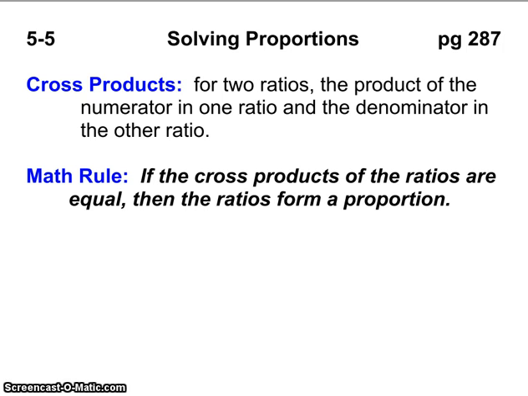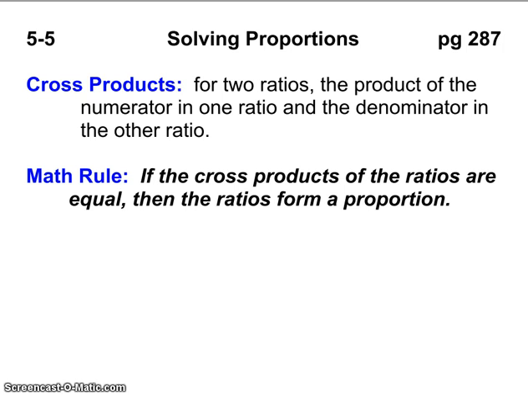So just to clarify and to jog your memory, remember that when you're looking at a proportion, you can tell if they are equal to each other by doing cross products. In other words, multiply the denominator of one ratio to the numerator of the other and vice versa. And if they are proportional, what happens when you do cross products?